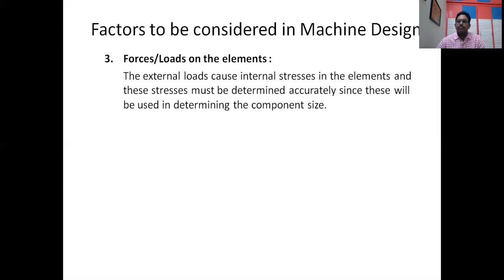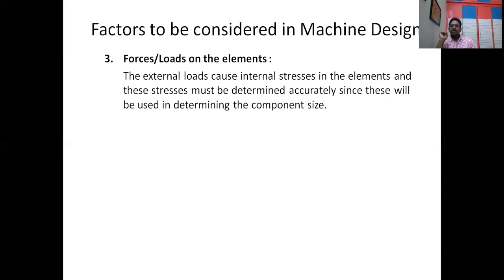For example, I am manufacturing a bolt, and this bolt will be subjected to external loads or some forces, and this bolt should be in a position to withstand those forces. So we have to see what are the forces or loads that are acting on that particular element.